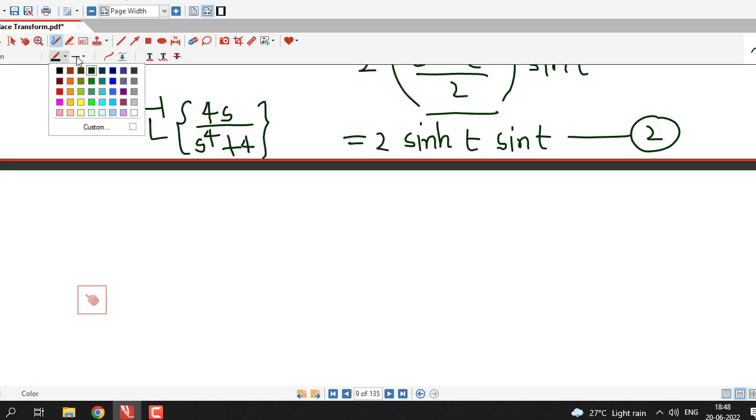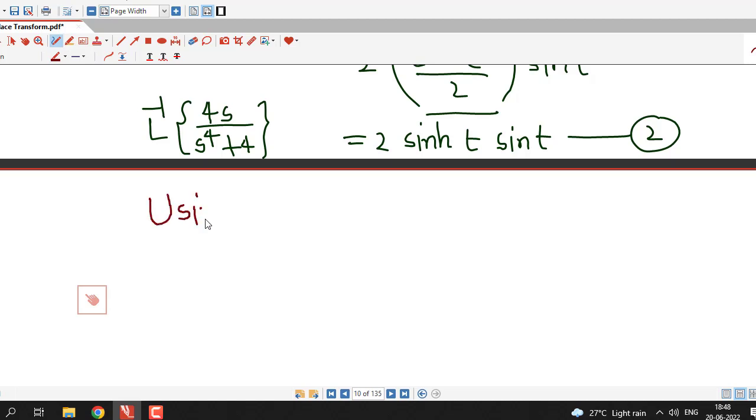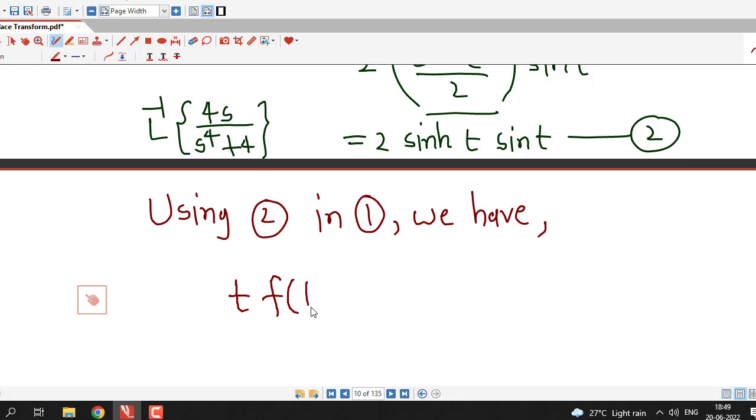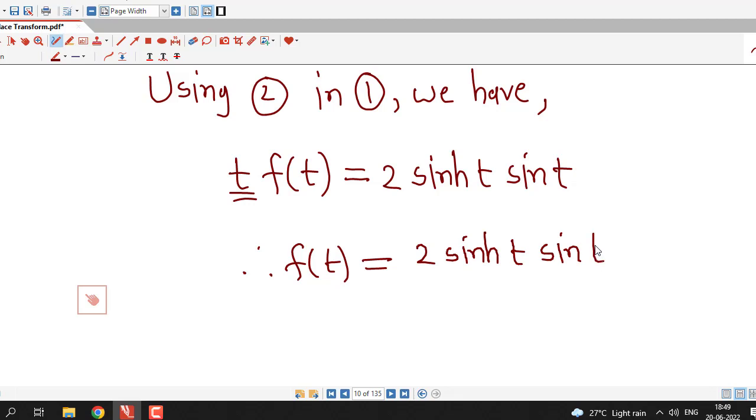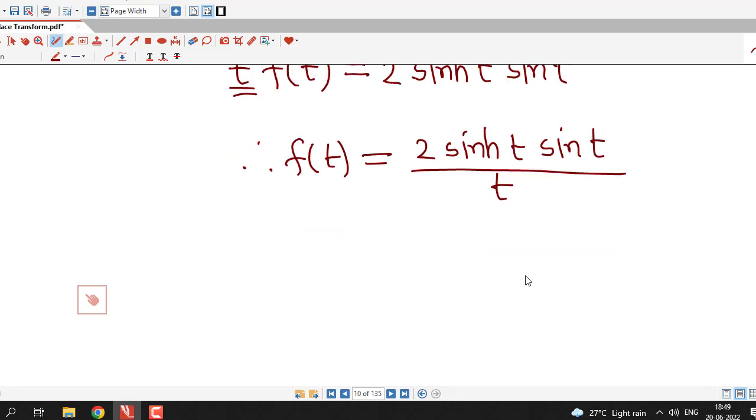So in the next step, we write that using equation 2 in 1, in equation 1, left hand side is t into f of t, right hand side is L inverse of 4s over s raised to 4 plus 4, that is 2 sin hyperbolic t into sin t, and we are interested in f of t, therefore we take this t to the right hand side, 2 sin hyperbolic t sin t divided by t, and f of t is inverse Laplace transform of capital F of s.